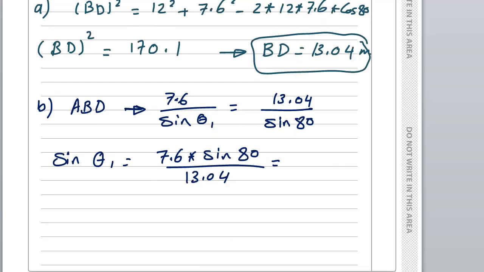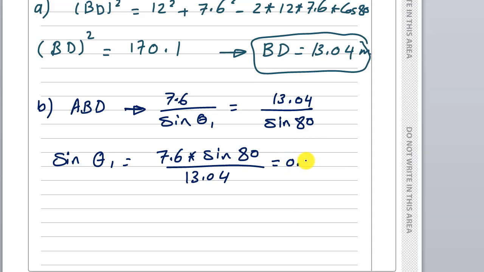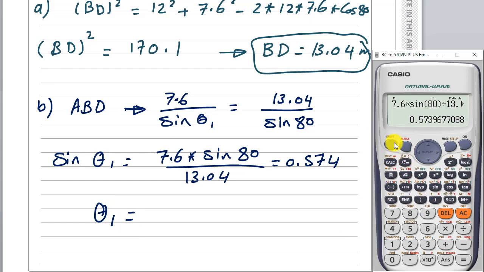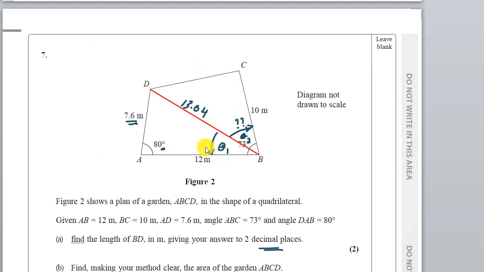Let us find this answer. So 7.6 multiplied by sine 80 divided by 13.04 is 0.574. So theta 1 is equal to shift sine inverse of the answer, 35 degrees. So theta 1 here is 35.